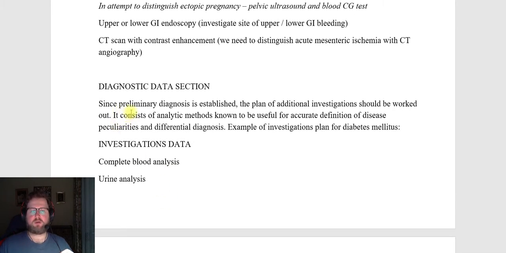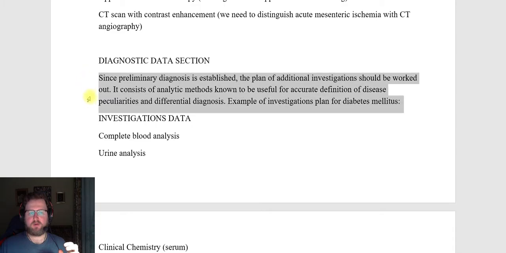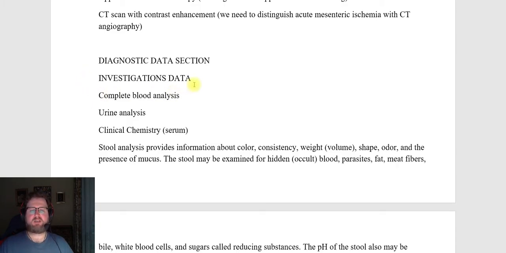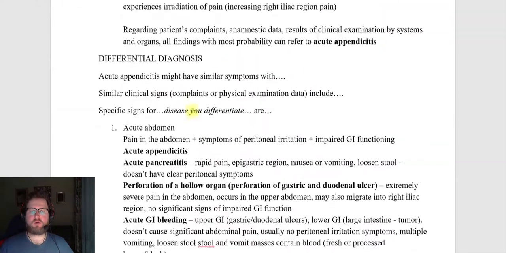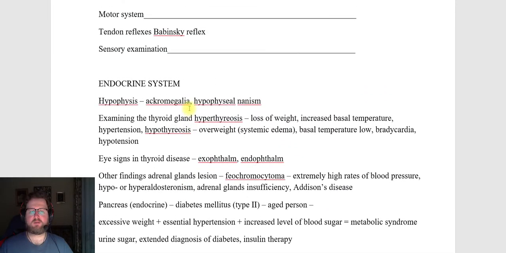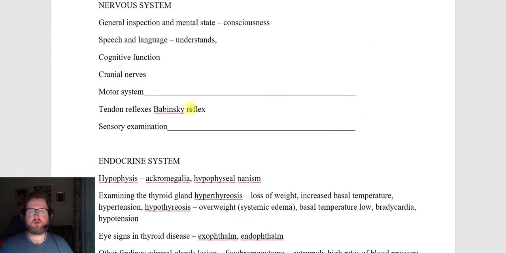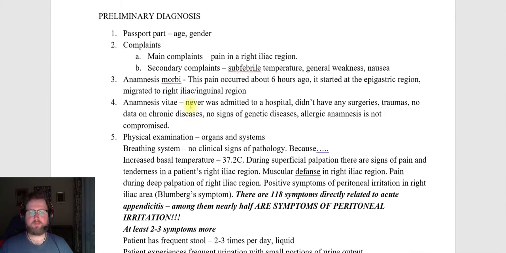It says in your manual that since preliminary diagnosis is established, the plan of additional investigations should be worked out. It consists of analytic methods known to be useful for accurate definition of disease, and you have an example. So let's return now to our section with preliminary diagnosis.